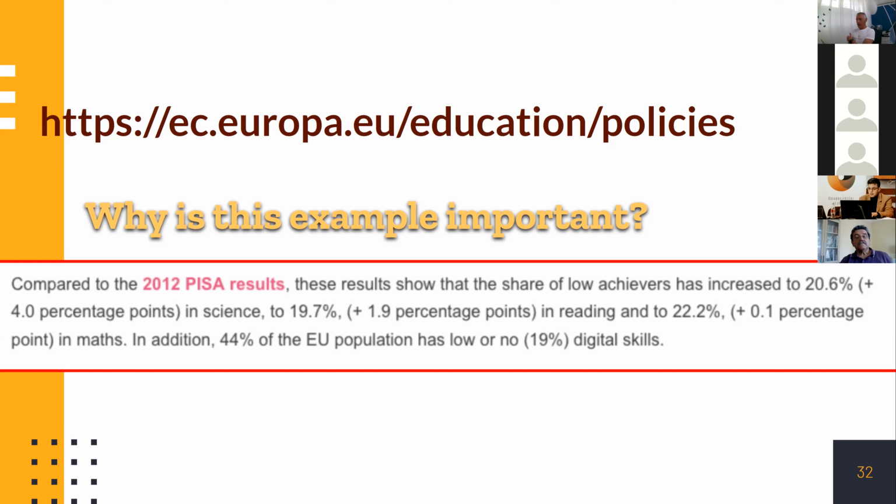So, for example, compared to PISA 2012, results show that low achievers, so people who are not achieving, have increased to 20%, plus 4% in science, 20% in reading, and 22% in math. In addition, 44% of the EU population has low or no digital skills.